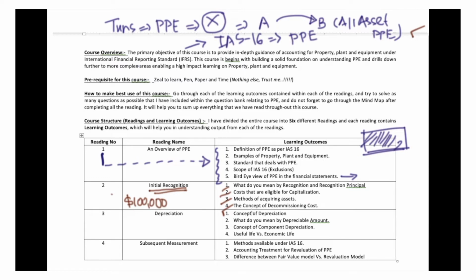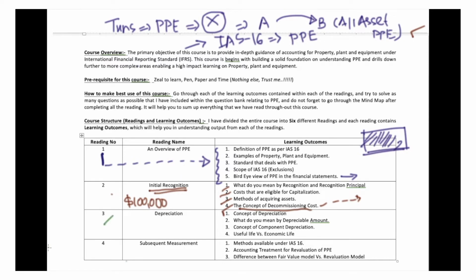It's one of the most relevant areas to look into if you want to move yourself towards becoming an auditor. Sometimes I find students have difficulty understanding the concept and the accounting, but we will go in a very easy and lucid way to understand the concept of decommissioning cost.